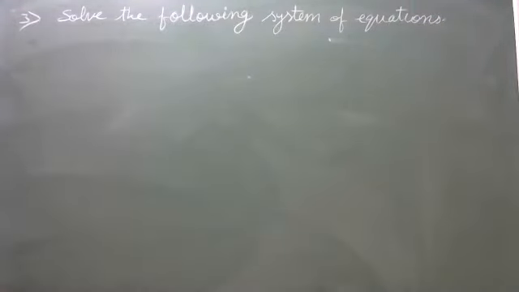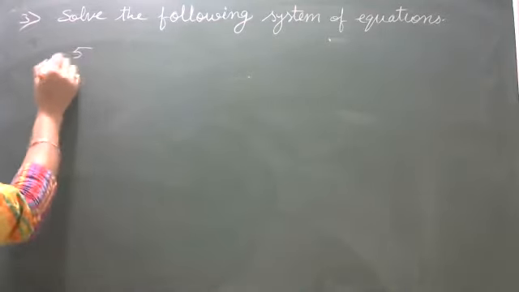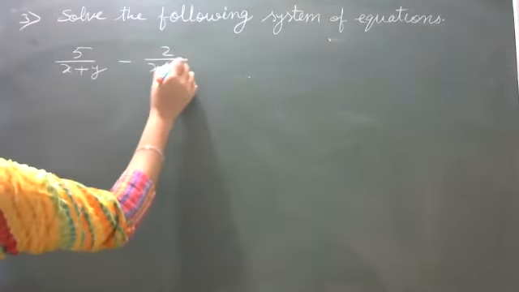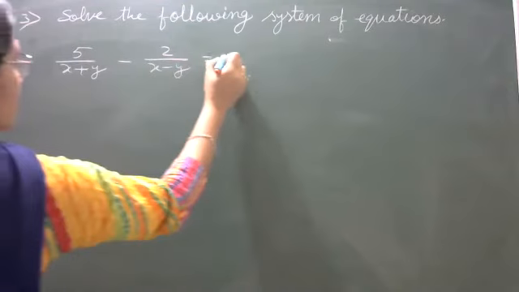Question number 3. Solve the following system of equations. The first equation is 5 over x plus y minus 2 over x minus y is equal to minus 1.